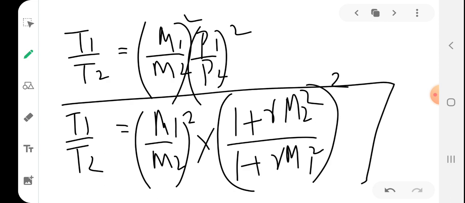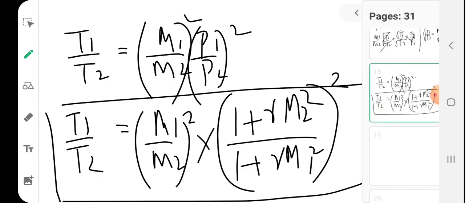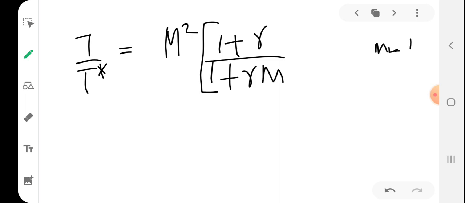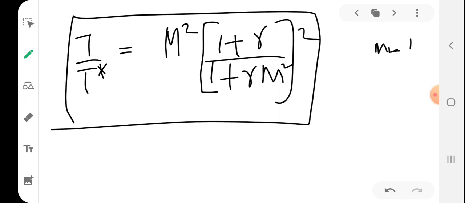Now T by T star can be written with M1 as M and M2 as 1: M square into 1 plus gamma by 1 plus gamma M square, whole square. So this is the equation for T by T star.